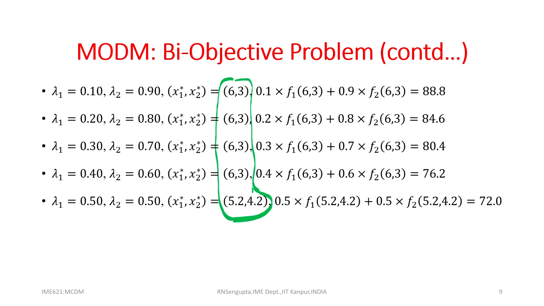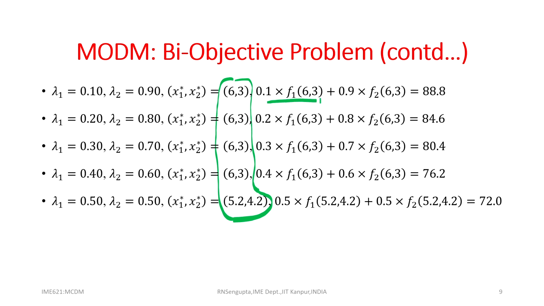And correspondingly, if you see, we have written down the combined objective function, which is lambda 1 into f 1 plus lambda 2 into f 2, and it continues.